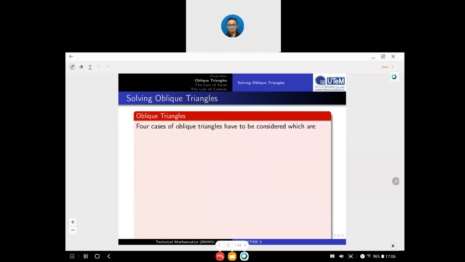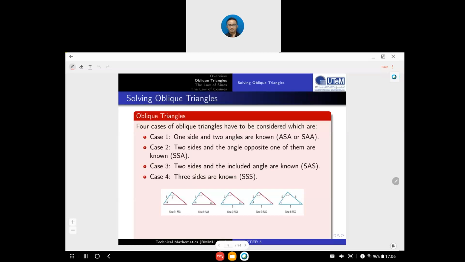There are four cases of the oblique triangle to be considered. Case one: when one side and two angles are known.